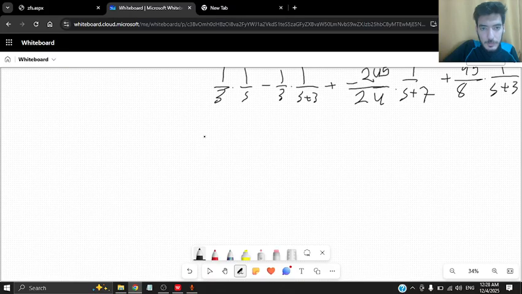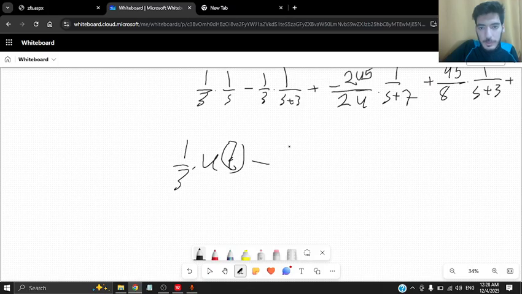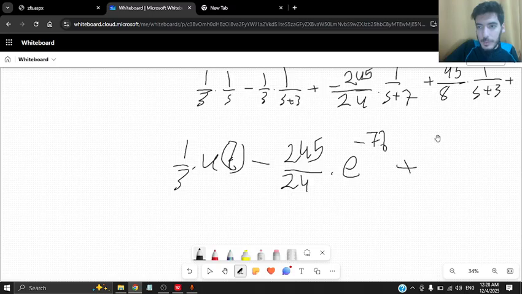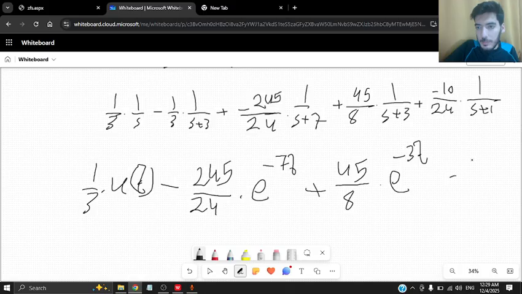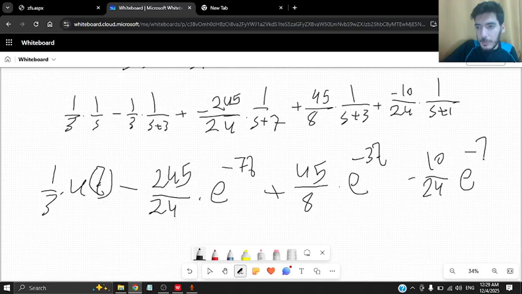So I will have 1 over 3 multiplied by u of t, and here minus 245 divided by 24 multiplied by e to the power minus 7t, plus 45 divided by 8 multiplied by e to the power minus 3t, and here it will be minus 10 over 24 multiplied by e to the power minus t.